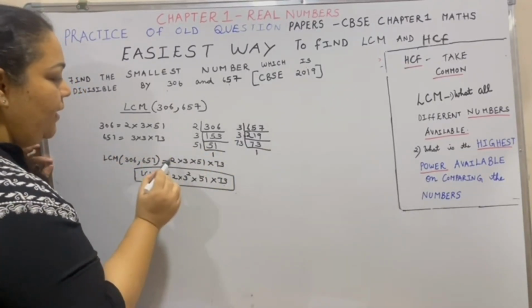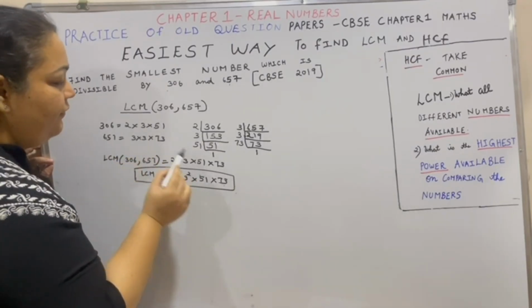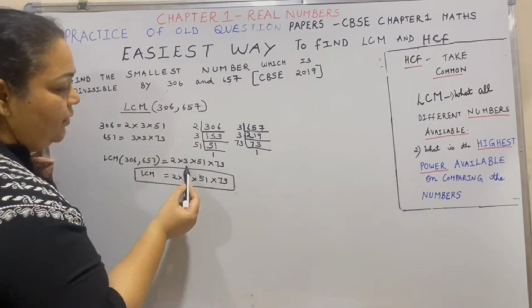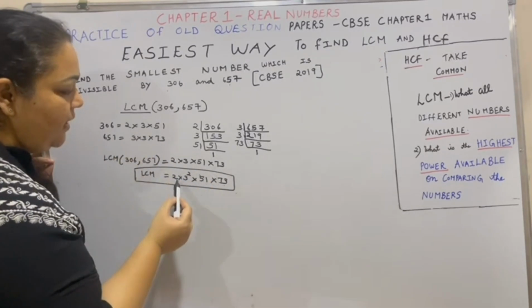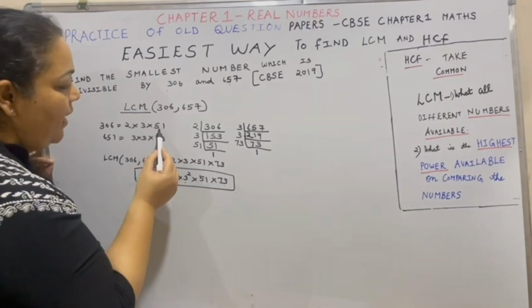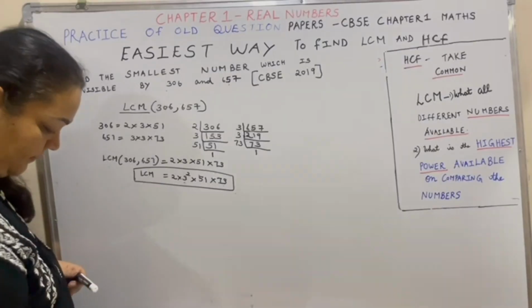On comparing both, the different numbers available are 2, 3, 51 and 73. On comparing both, which is the highest power? 2 to the power 1, and for 3, 3 squared is the highest, then 51 and then 73. So this is the LCM, this is the answer.